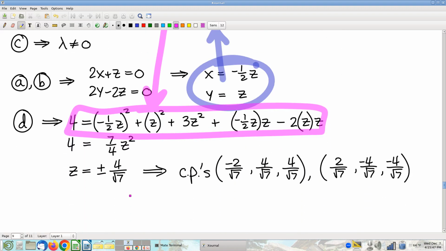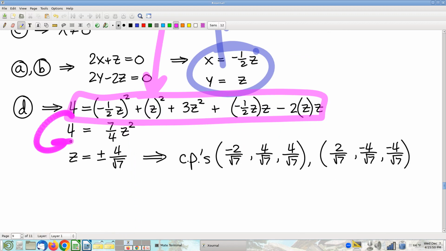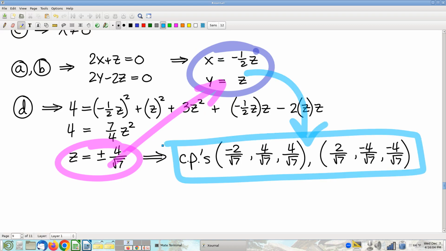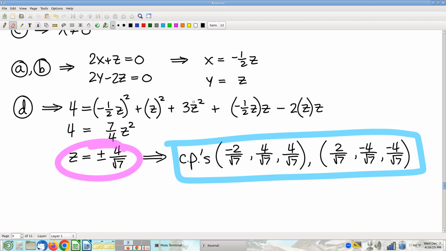And you've got a big honking equation in terms of z. Solve for z. And once you know z, then you can solve for x and y, and that gives you your critical points. Everybody see what happened?